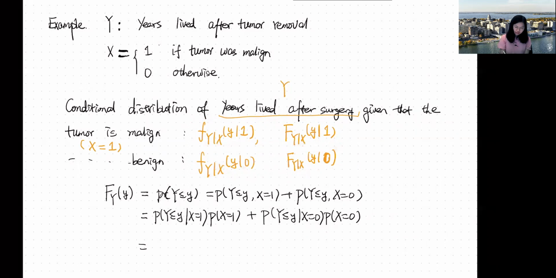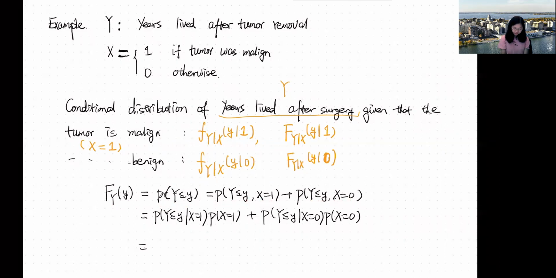Now, the overall distribution of years lived across all patients can be obtained from these conditional distributions. Let's consider the CDF. The CDF equals the probability that y is less than or equal to little y. And by the law of total probability, that equals the probability that y is less than or equal to little y and x equals 1, plus the probability that y is less than or equal to little y and x equals 0.